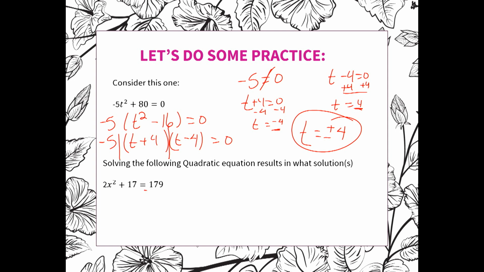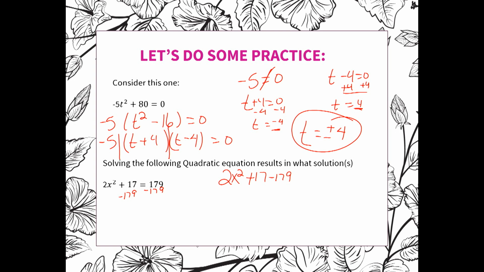So I'm going to use opposite operation and move this over here. And I'm going to rewrite it. 2x squared plus 17 minus 179. Now, Ms. Killen, I can put those together because they're like terms. All right, so I have 17 minus 179 is what?